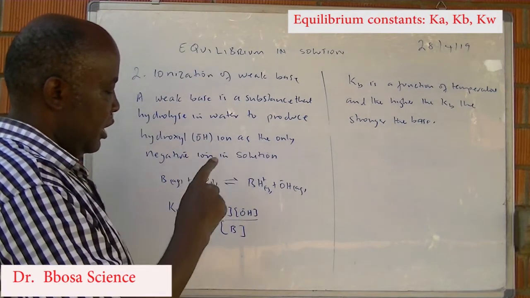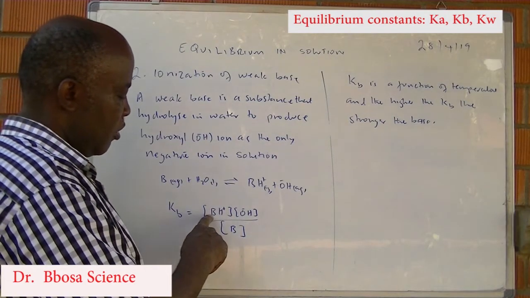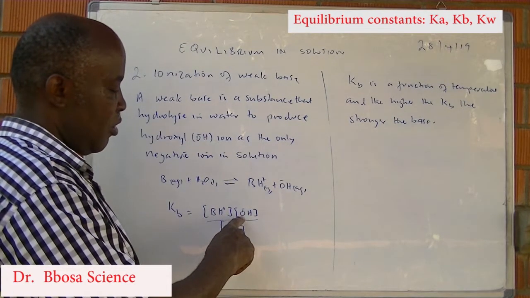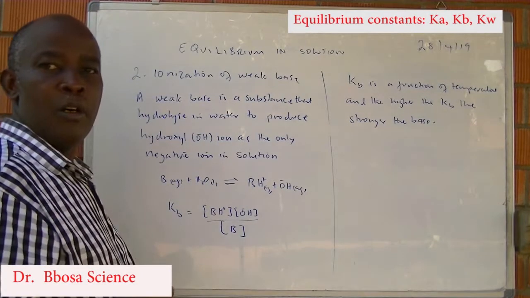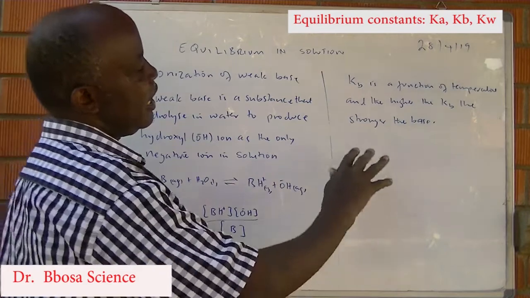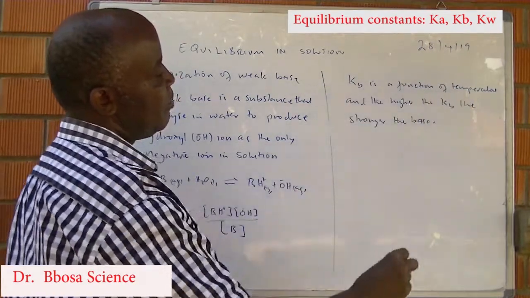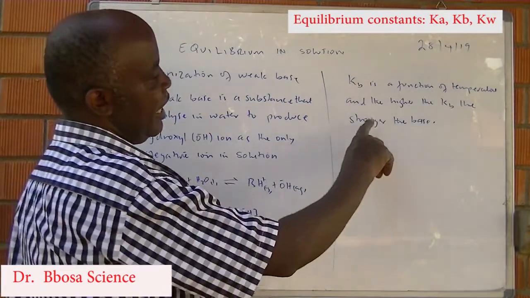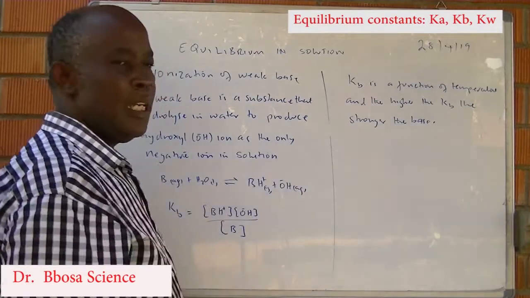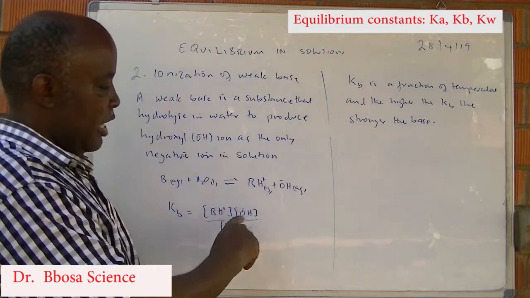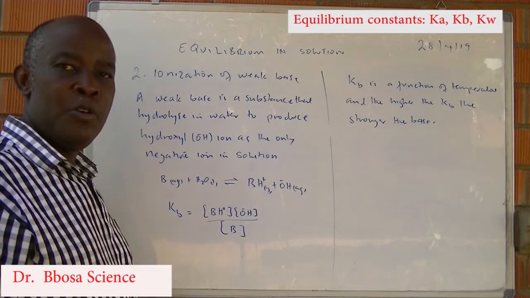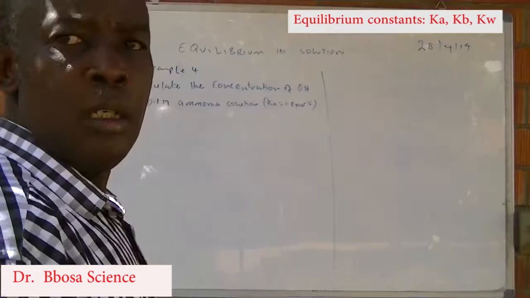Kb is equal to the concentration of base ions times the concentration of hydroxide ions over the concentration of the base. Kb is a function of temperature, and the higher the Kb, the stronger the base, or the more hydroxide ions are produced in the solution.